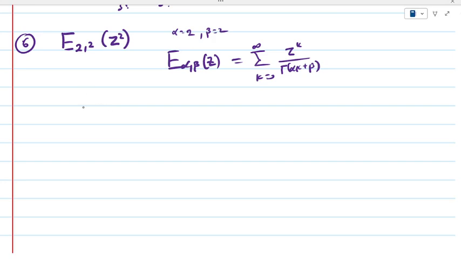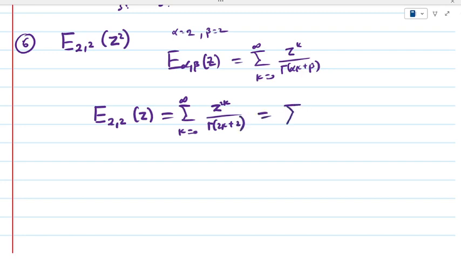Substituting these two values, we have E_{2,2} of z equals the summation k equals 0 to infinity of z^k, so z squared, over gamma of 2k plus 2. If we take this back to factorial, we have z^(2k) over (2k plus 1) factorial.